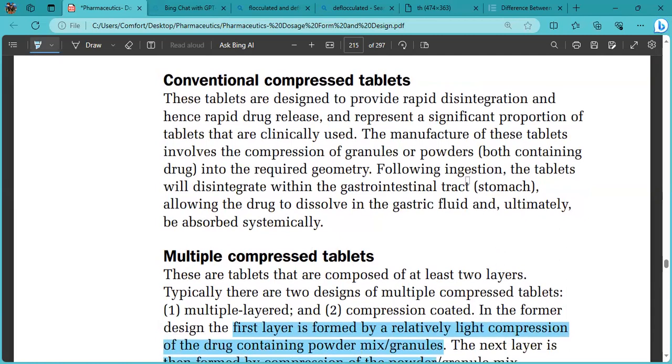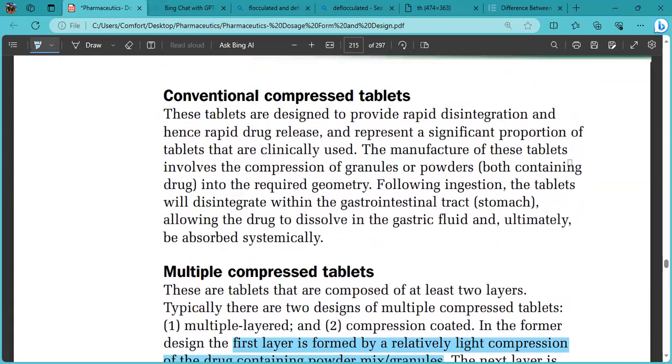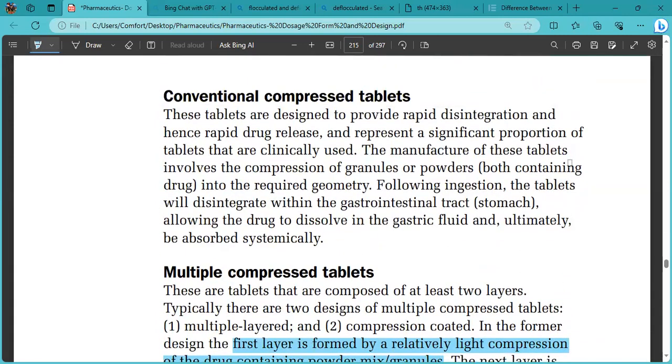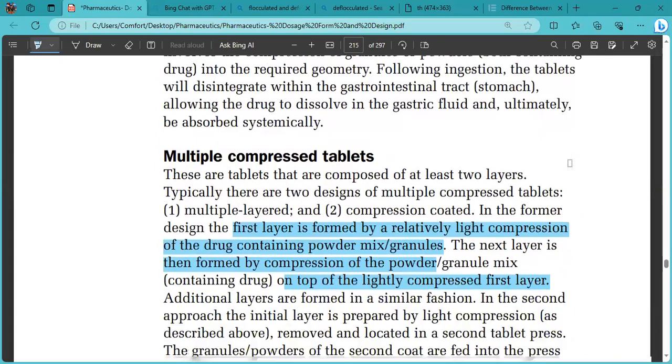You either compress the powders, or in most cases use granules, and then you compress the granules to form a tablet. It's just the basic method, using the die, that's how things like paracetamol and ibuprofen are made. Those are compressed conventional tablets.